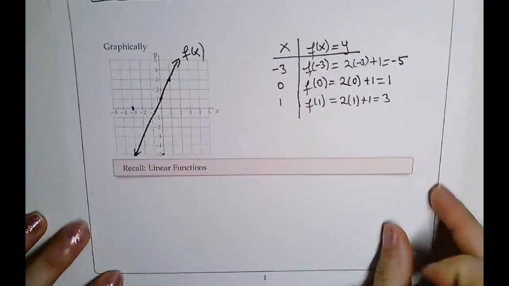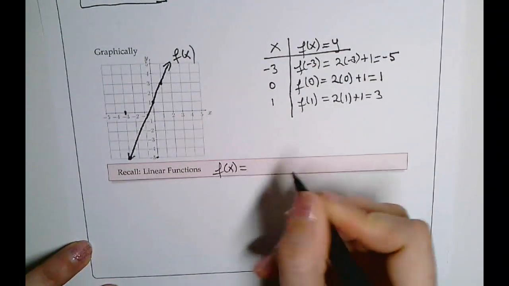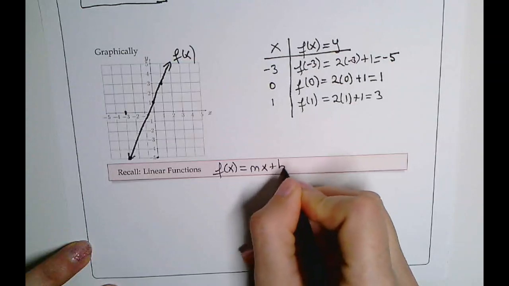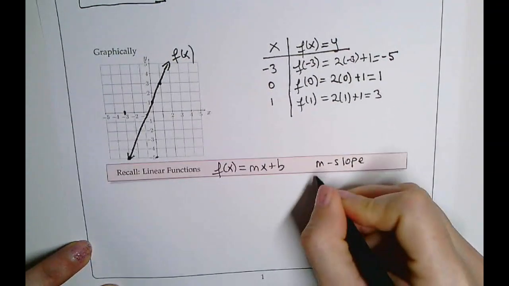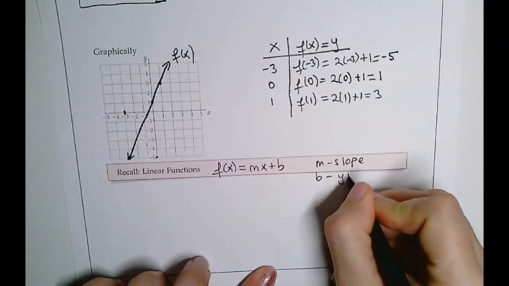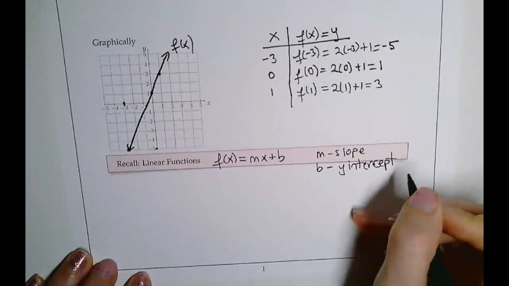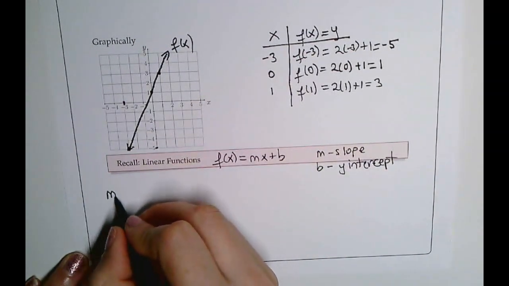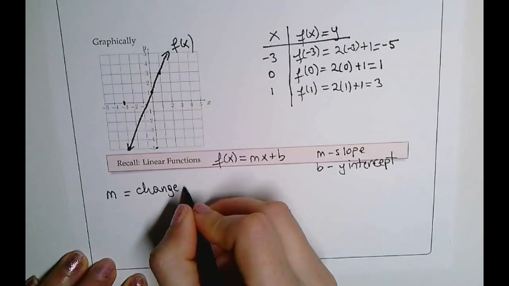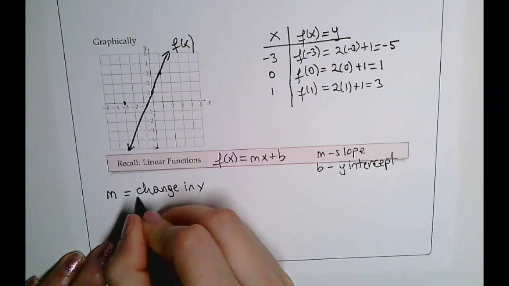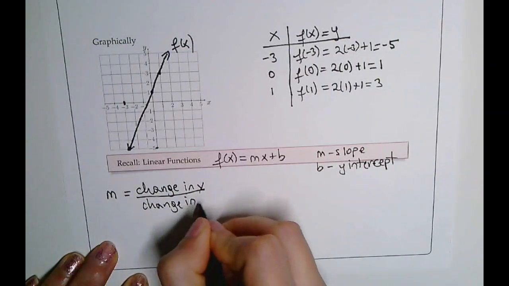So just to recap linear functions, in general, a linear function is of the type mx plus b, where m is the slope and b is the y-intercept. And if you recall, the slope is the change in y, the change in the output, over the change in x, the change in input.